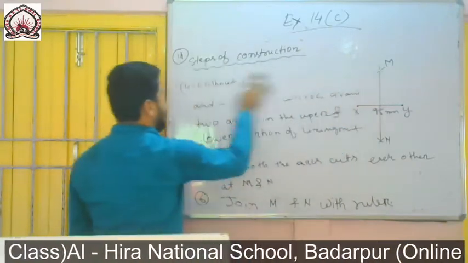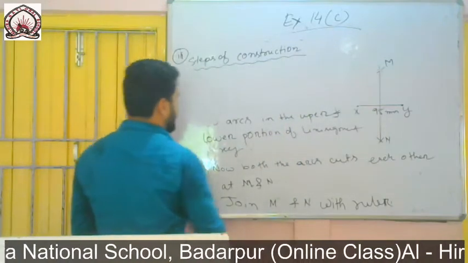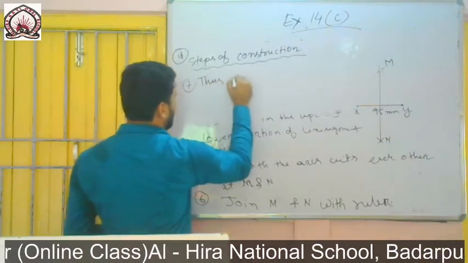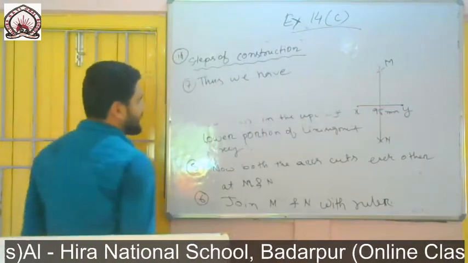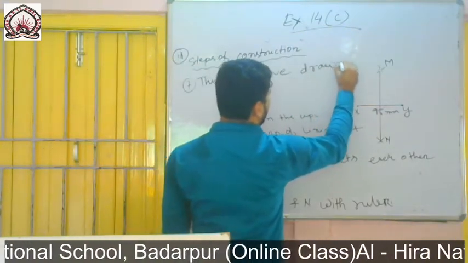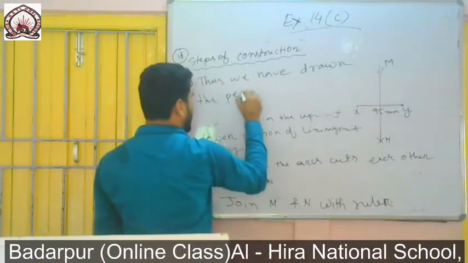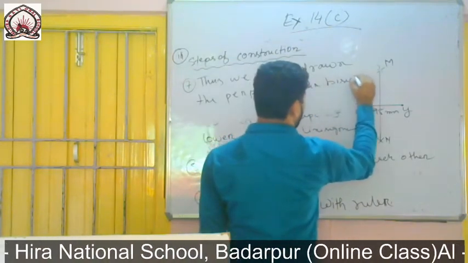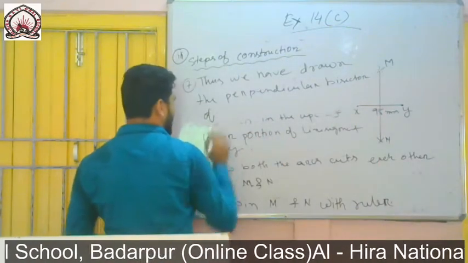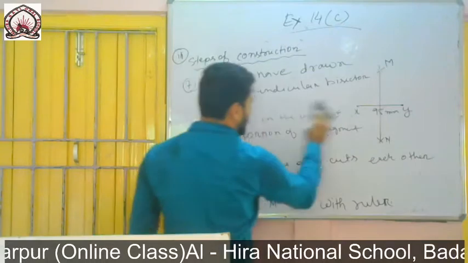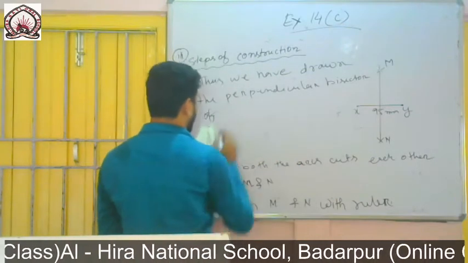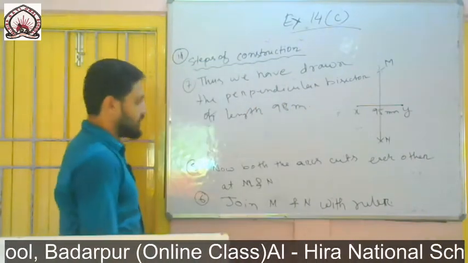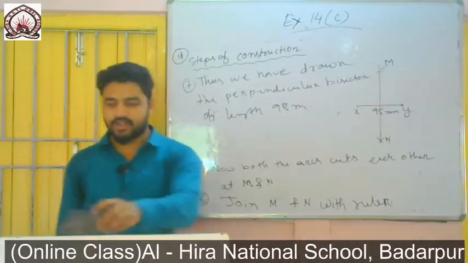So write number 6, thus we have drawn the perpendicular bisector of length 98 mm. Okay, that is the required steps of construction.